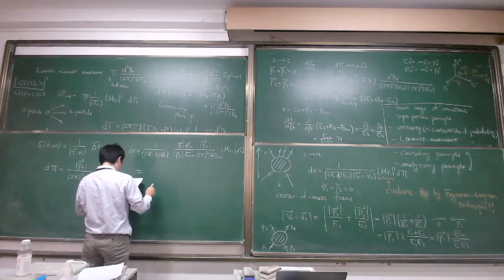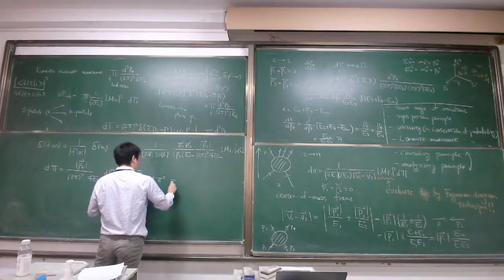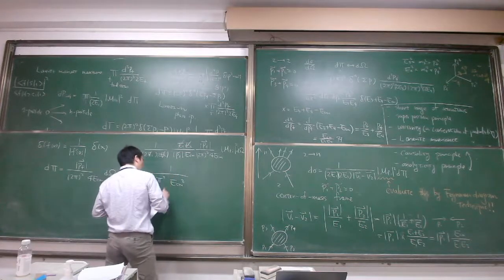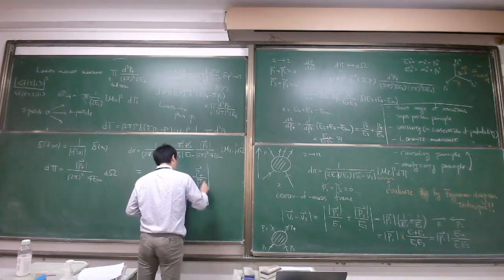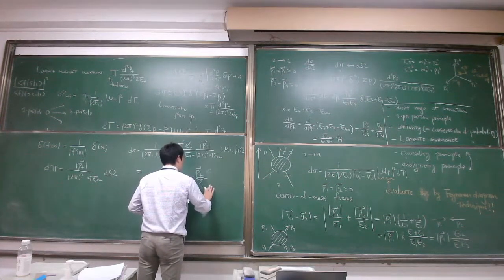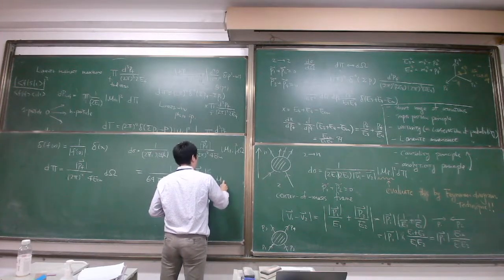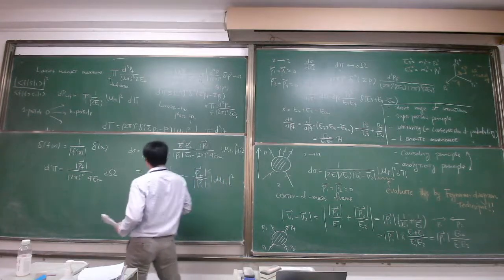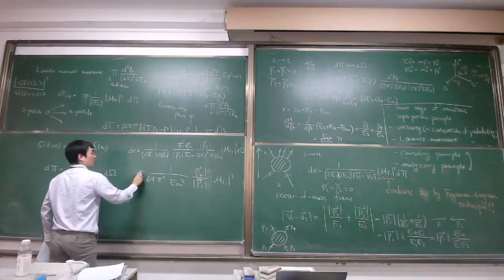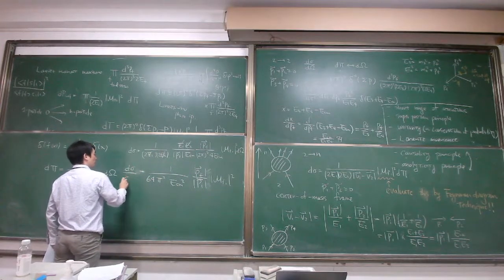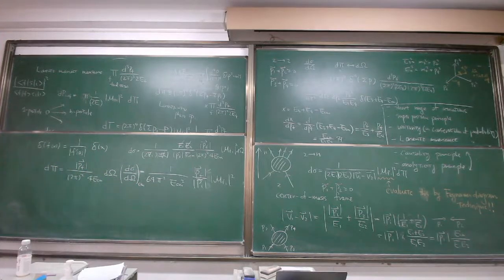What's left is 64 pi squared E center of mass squared, over P_f over P_i, amplitude of the momentum, M_fi squared times d omega. So I write down d sigma over d omega in the center of mass is equal to this guy.